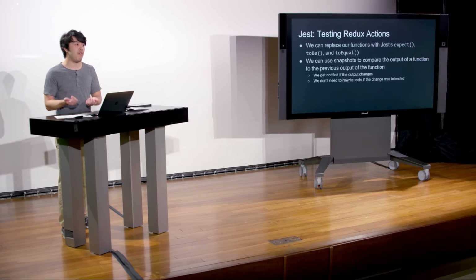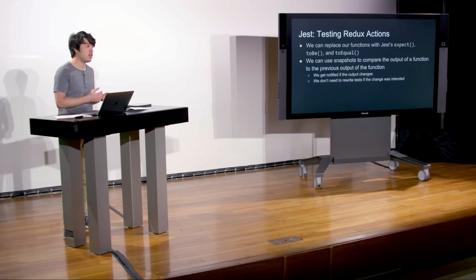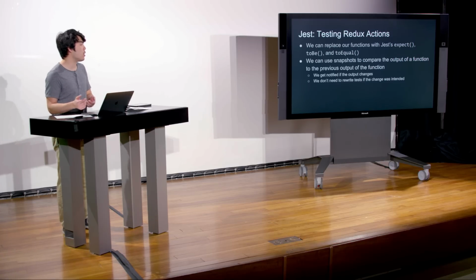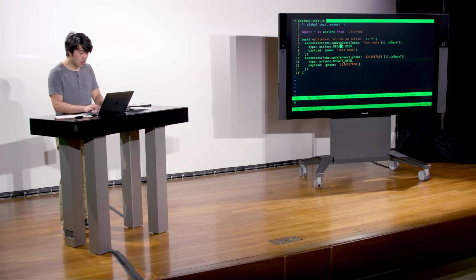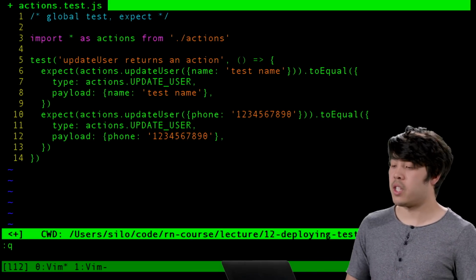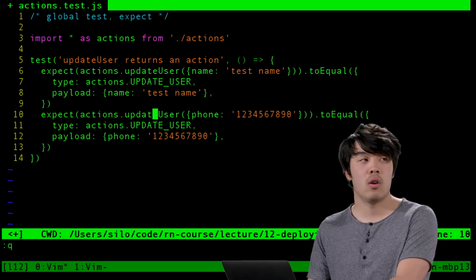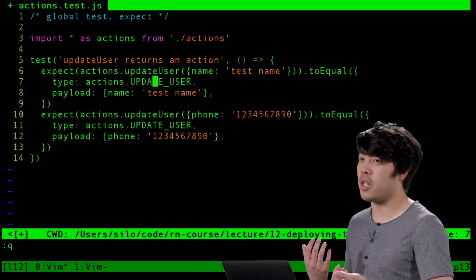And so let's actually refactor our test to, rather than mirroring the logic in our actions, use a snapshot. Currently we're doing expect this to equal and then hard coding exactly what we know is going to come out.